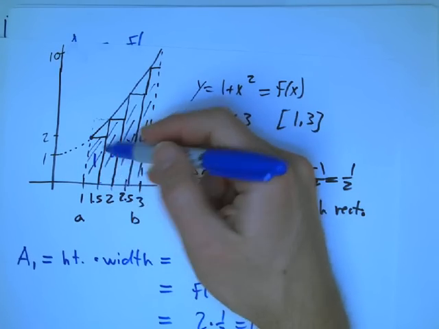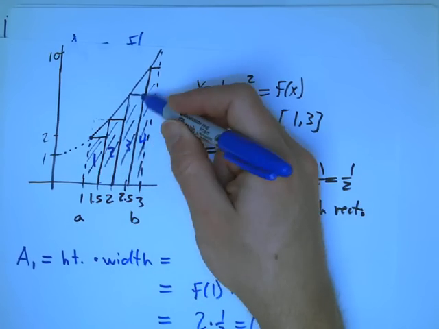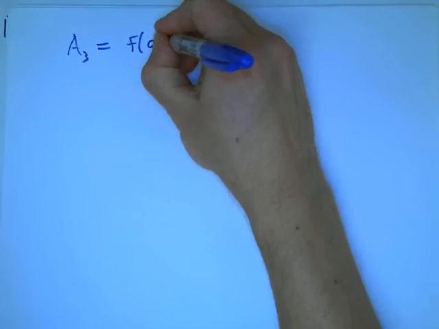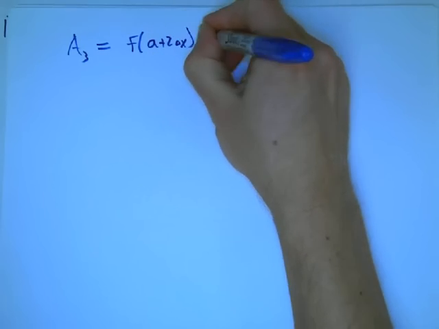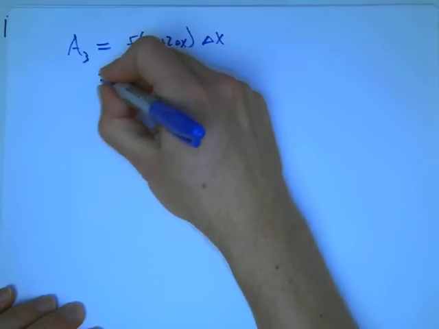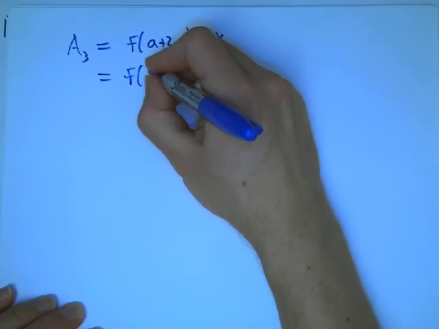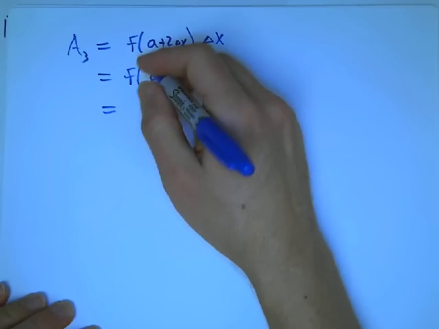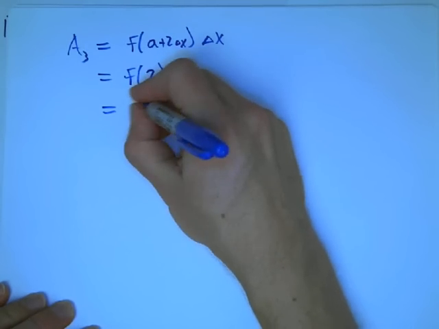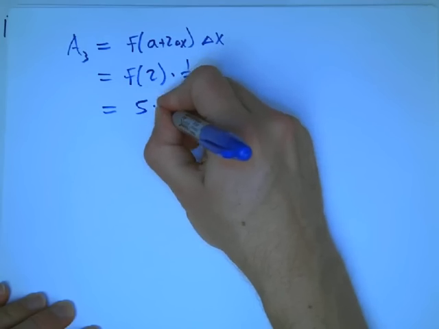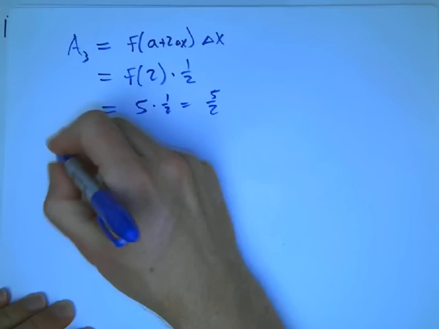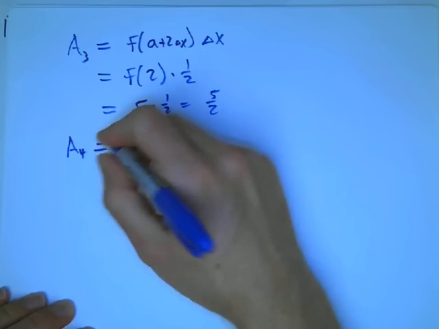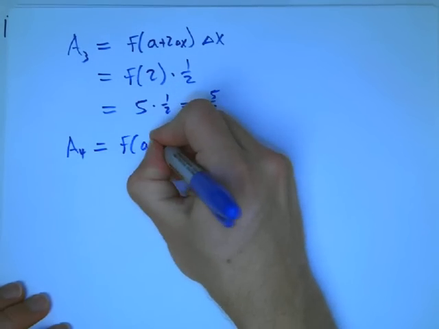Okay, A3, area of the third rectangle, again height times width. F of, let's see, what are we doing? We're starting at a, and we're moving over 2 delta x's to get to that left endpoint of the third rectangle. Again, times the width of delta x. Now that happens to be 2. And so 1 plus 2 squared is 5. So that's 5/2.